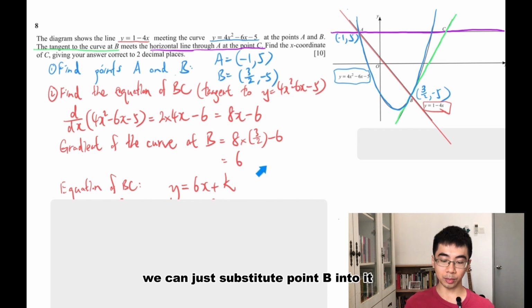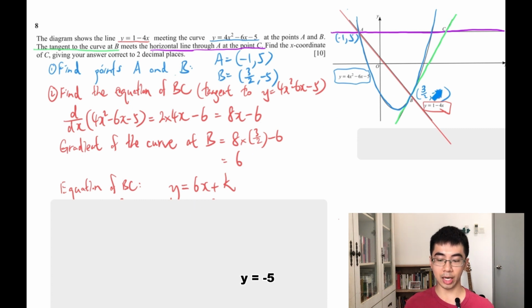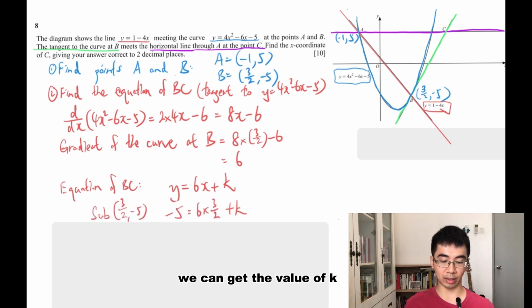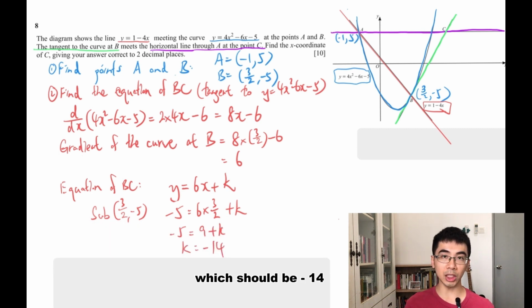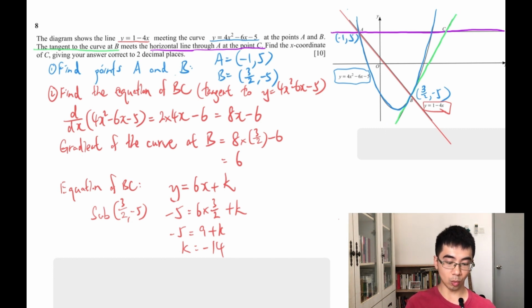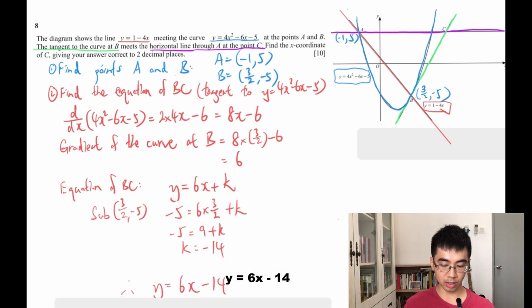We can just substitute the point B into it. The x should be 3 over 2 and the y should be -5. By solving this, we can get the value of k, which should be -14. So the equation of this green line should be y is equal to 6x minus 14.